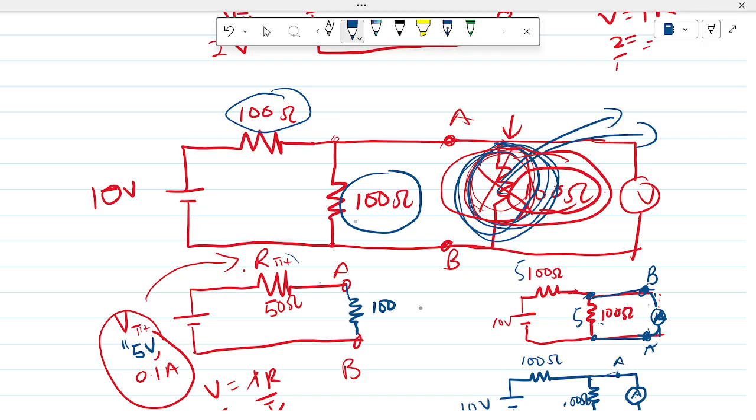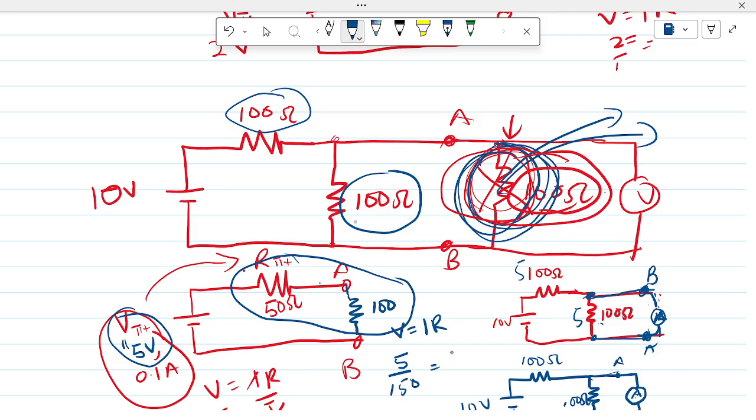This time they are in series, so V is equal to IR. Our R is 150 in series, and our V remains 5, the Thevenin voltage. So it's going to be 5 divided by 150 for our I, and that is 1/30 amperes.